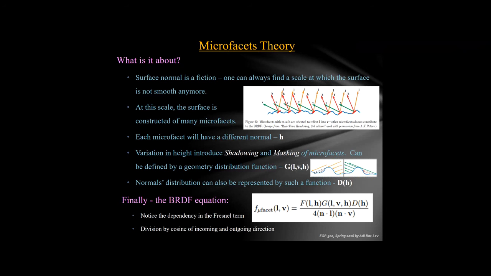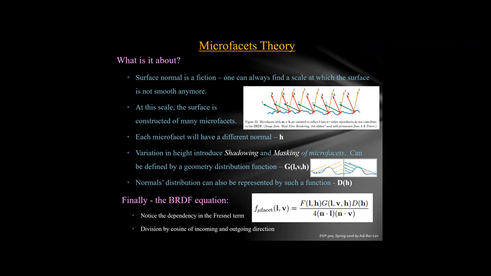Or let's say that it hit the point, now it's reflected towards the eye, but it is blocked from the eye because it's concealed on the way to the eye. And so shadowing and masking. So we need to account for the probability of the eye and the light being occluded as well. And so for that, we have the geometry distribution function.